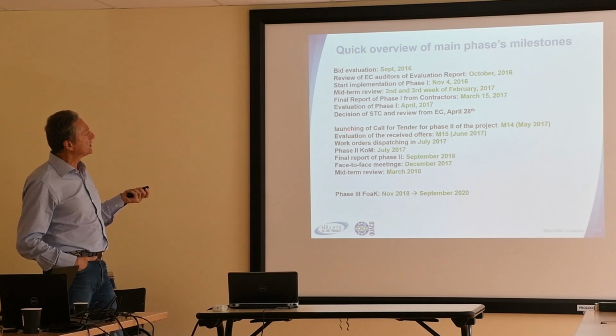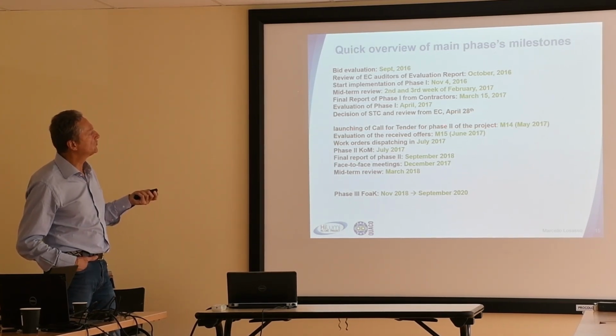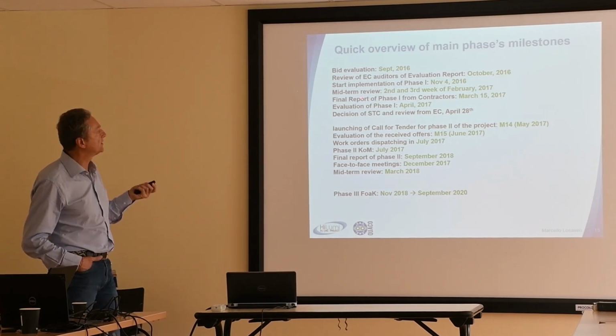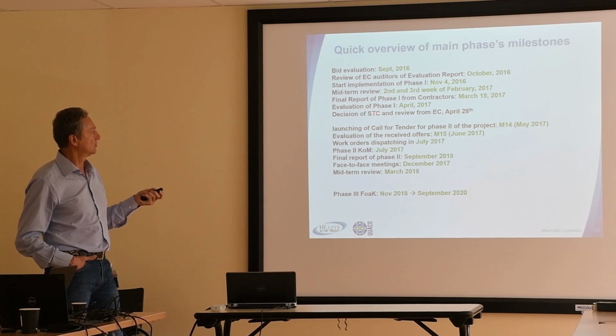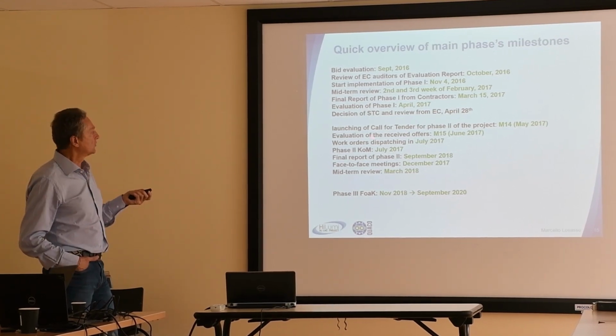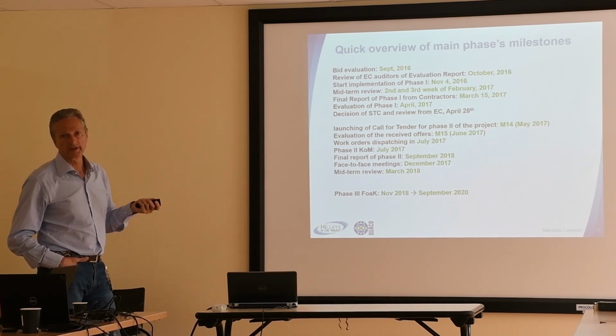At this point you can launch the call for tender for phase 2 of the project. In phase 2, all the companies that have been eligible under the evaluation of phase 1 are allowed to participate, and you will do the same job again.